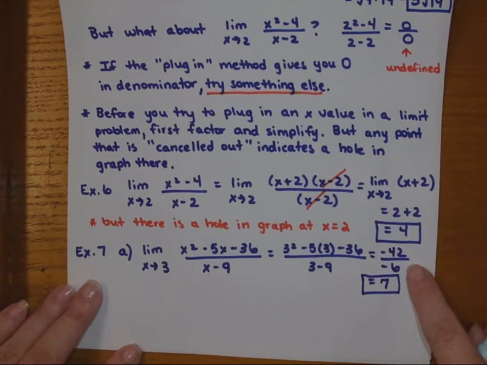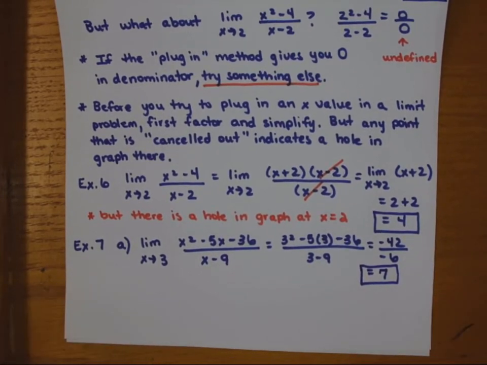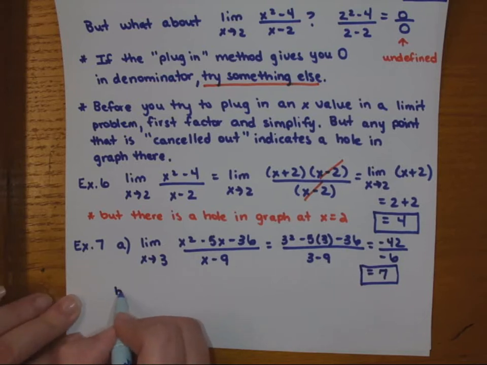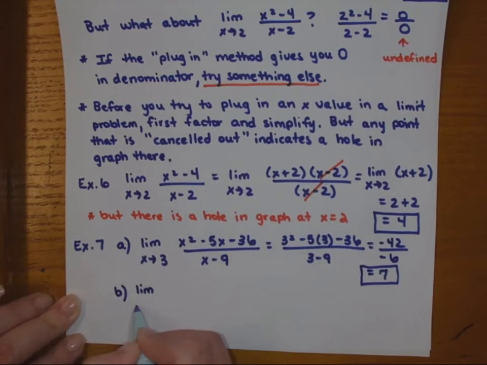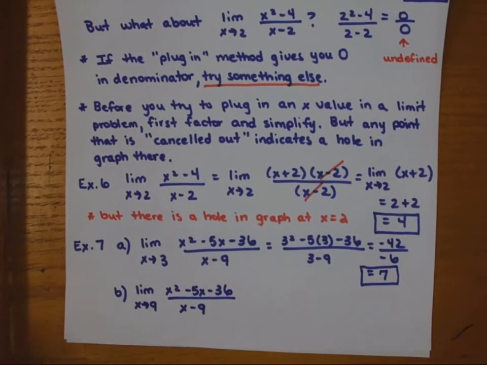Again, in MyMathLab, if you try to enter the answer like this, it's going to tell you your answer's right, but you need to simplify it. But what if I ask you about the limit as x approaches 9 of x squared minus 5x minus 36 over x minus 9? Now maybe you can see ahead of time what's going to be a problem here.